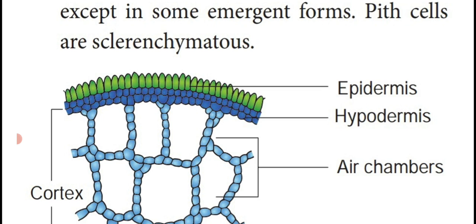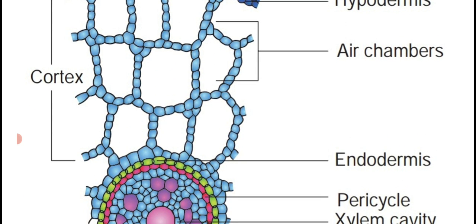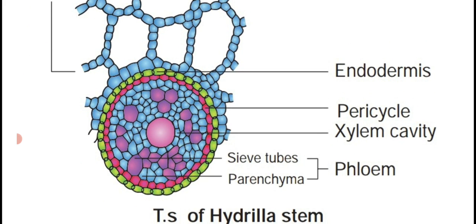From that hypodermis, elongated cells are present in the cortex in a radial manner. Between the radially elongated cells, chambers filled with air are known as air chambers. This region constitutes the cortex of the hydrophytic plant. The innermost layer of the cortex is known as the endodermis, a single layer of closely packed, barrel-shaped parenchymatous cells. Inner to the endodermis, a single layer of pericycle is present.